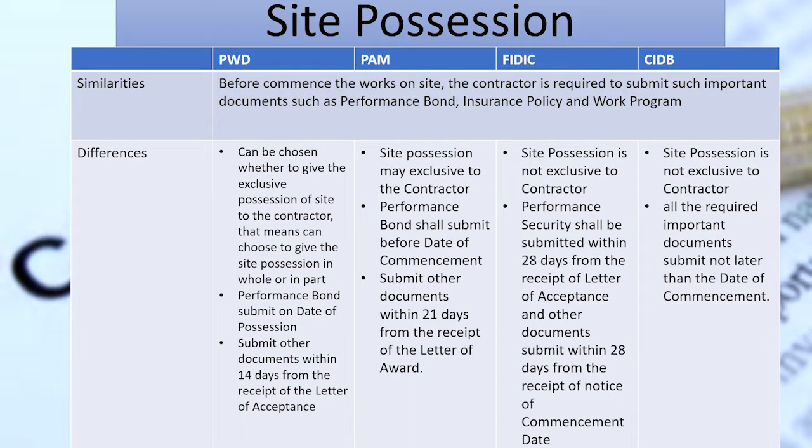The performance security should be submitted within 28 days from the receipt of the letter of acceptance, and other documents should be submitted within 28 days from the receipt of the notice of commencement date. In CIDB, it is the same as FIDIC. There is an express term stating that site possession is not exclusive to the contractor, and all the required important documents should be submitted not later than the date of commencement.